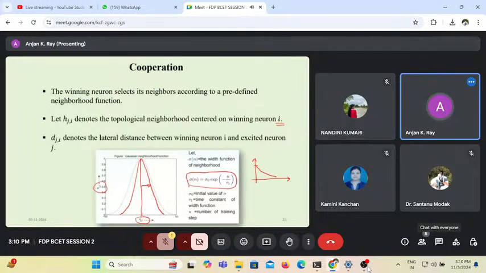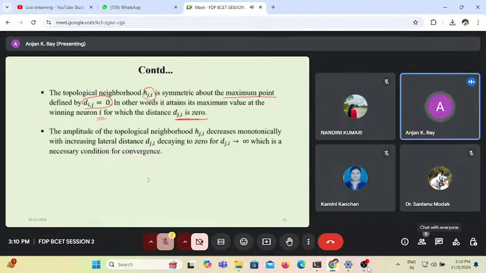It means that as this distance increases from either side, the h value decreases. So as neurons are placed farther from the winner neuron, their neighborhood value will be less, and they will get less update for their weights in effect. We'll discuss this during the weight update section.